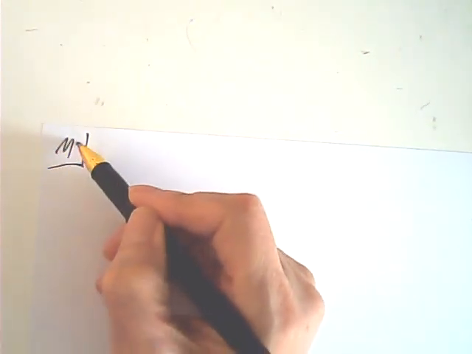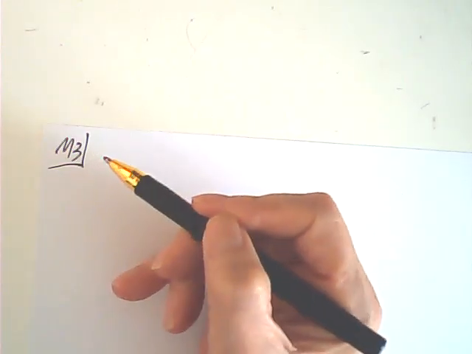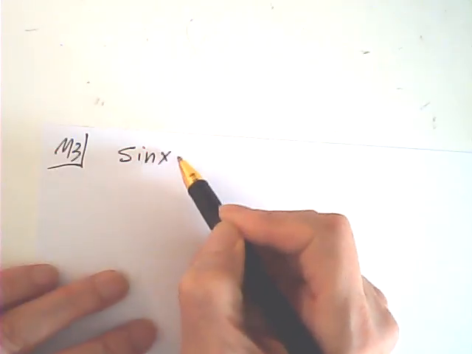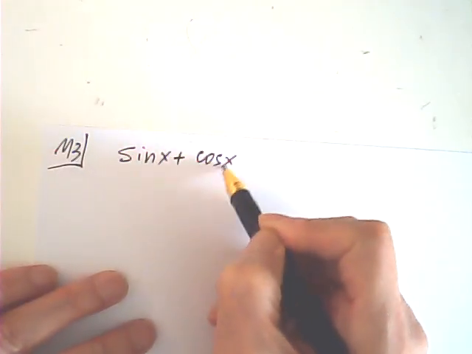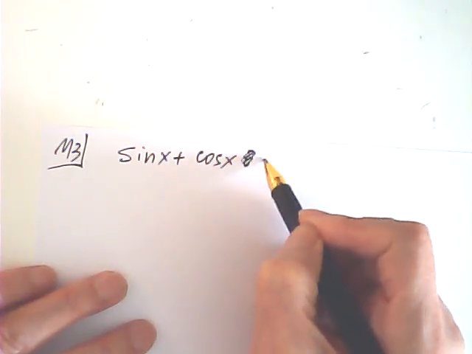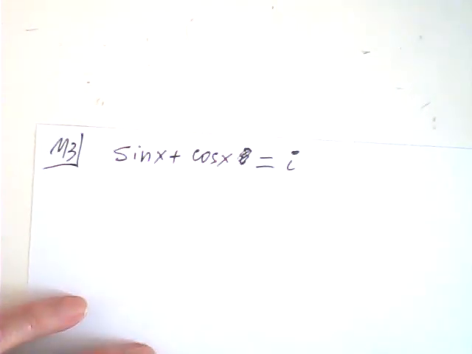Now method 3. The equation is sine x plus cosine x is equal to negative i.